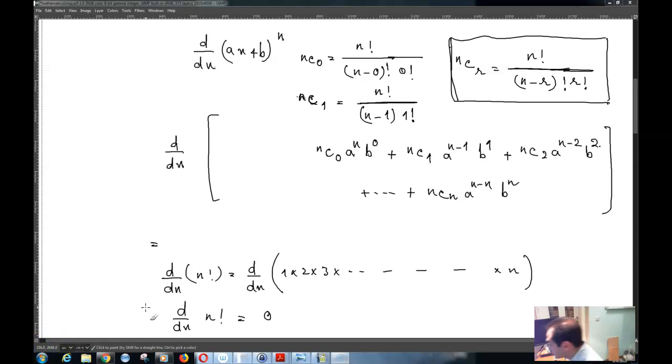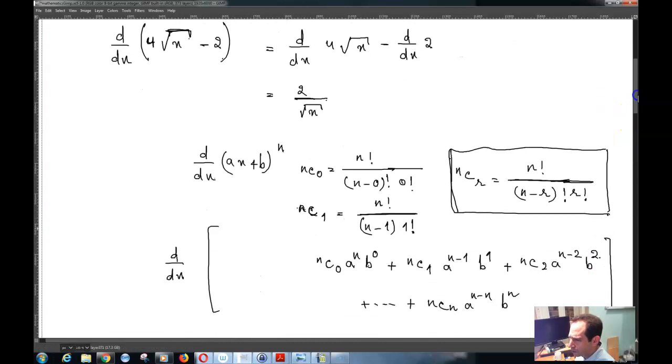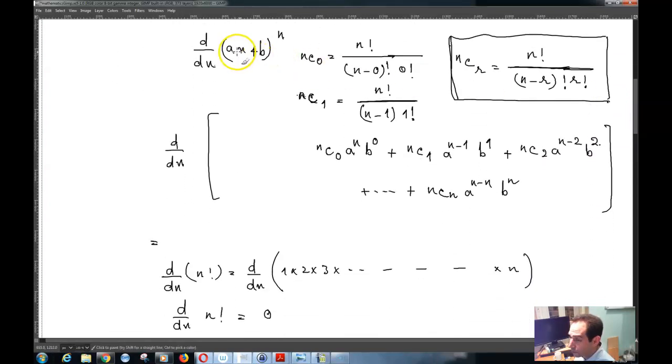Okay, so now there is a problem here, and the problem is that we have not written this properly. You see over here, what I want to differentiate is a times x plus b. Now the expansion of this over here is the expansion of a plus b raised to the power n.